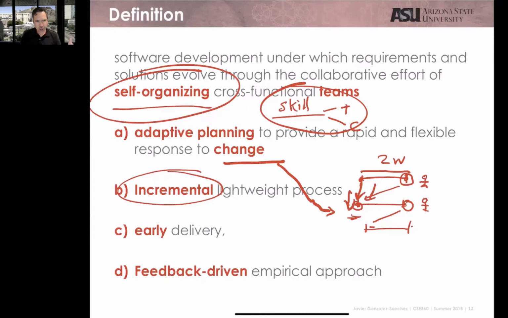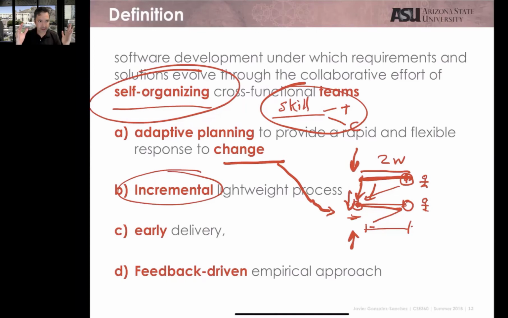So it's not like you can change anything in any moment. It's more about you can change anything at this point, at the beginning of a new iteration, at the beginning of a new process. When you are defining what you are going to do in the next 2 weeks, in that point, you can change something.